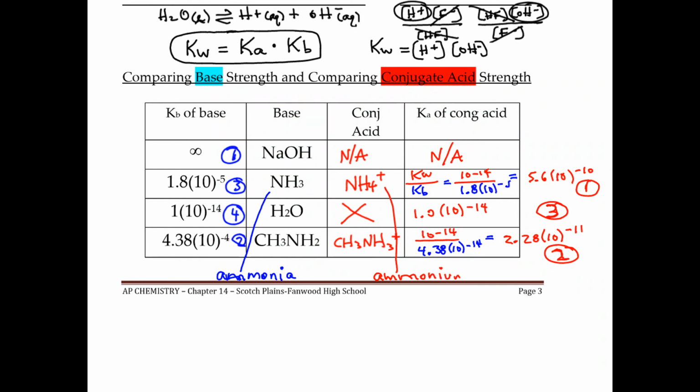Okay, now by a similar way, the name of this CH3NH2 is called methyl, which is the CH3 because it has one carbon, and amine is the NH2. Whereas this is called methyl ammonium.